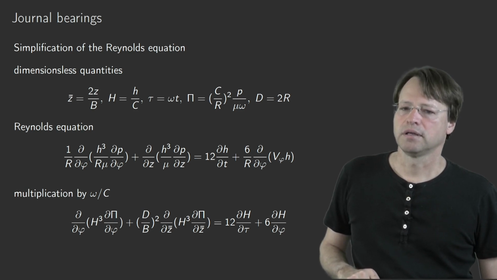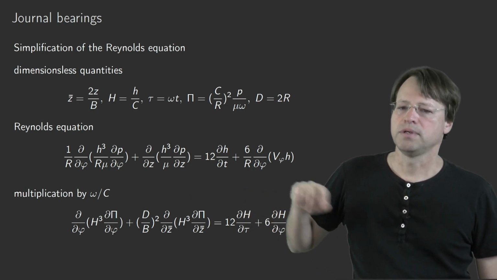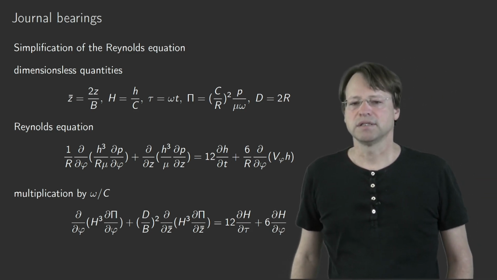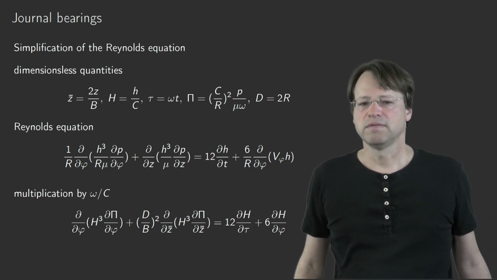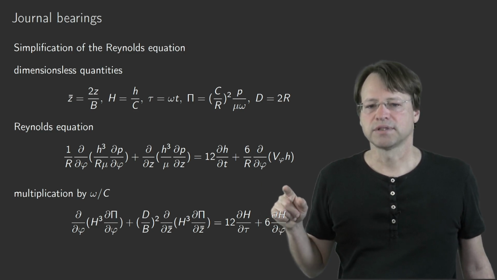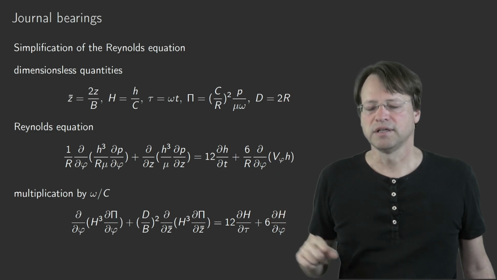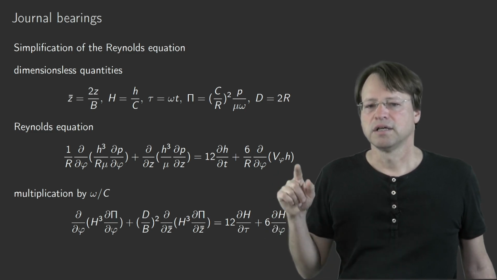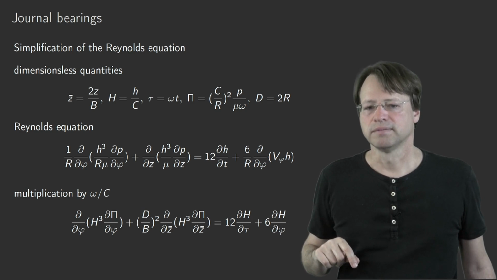Taking the omega divided by c into account, we get omega times v sub phi divided by r. V sub phi is again omega times r.